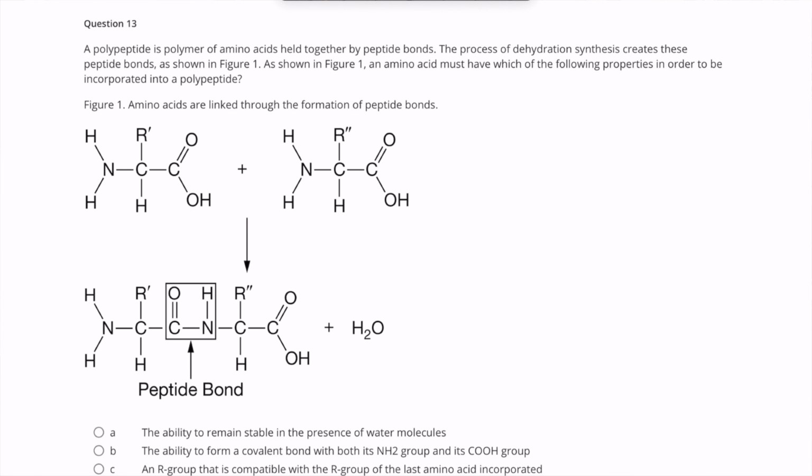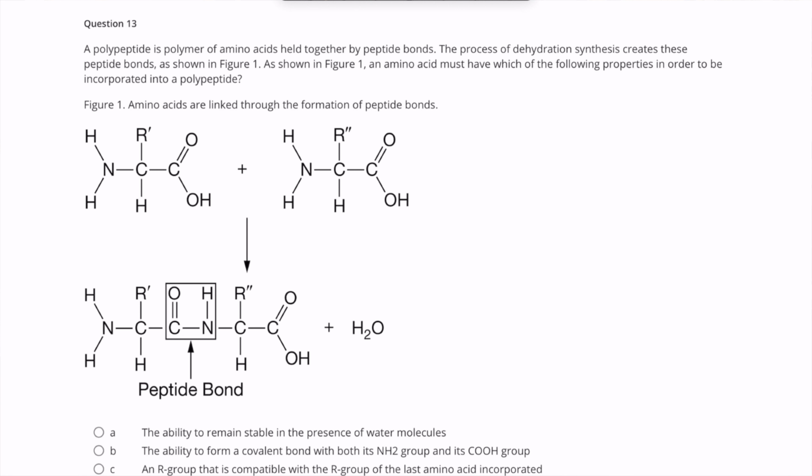Now let's read the question and see what they are trying to do with it. A polypeptide is a polymer of amino acids held together by peptide bonds. So they gave us all that info. The process of dehydration synthesis creates these peptide bonds, and they're showing a picture of it.